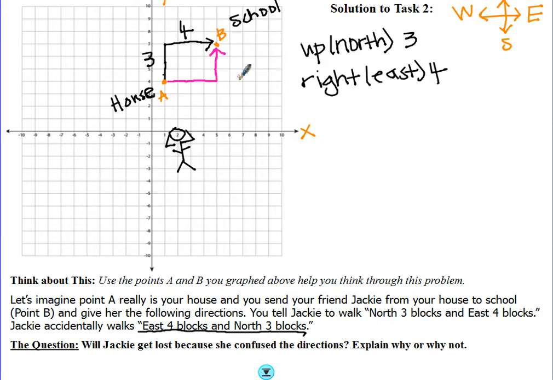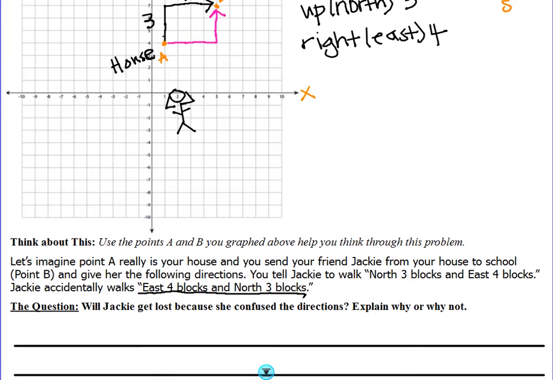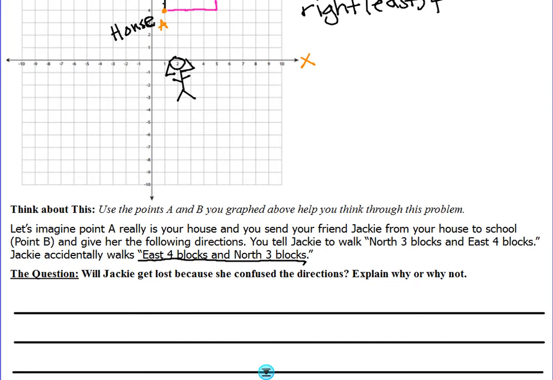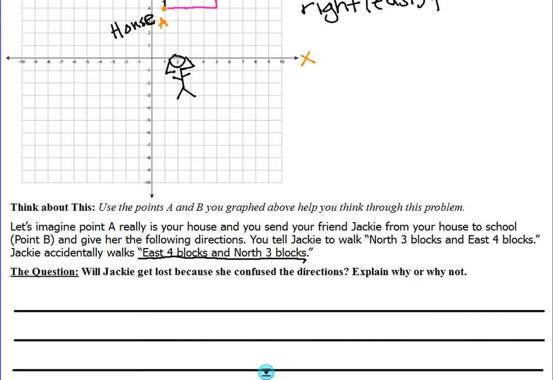And if you notice, she's at the same spot. She does arrive at the school. She went east 4 blocks and north 3 blocks, but she's still at the same spot. So basically, is she going to get lost because she confused the directions? No, she's not going to get lost.